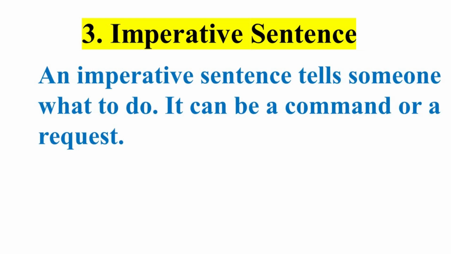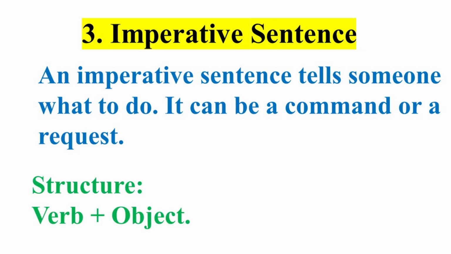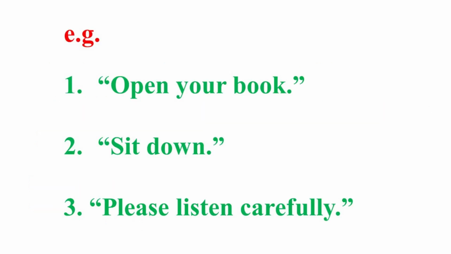Now let us move to imperative sentences. An imperative sentence tells someone what to do. It can be a command or request. The structure is very simple: verb plus object. The subject is usually hidden and it is you. For example, open your book. This means you open your book.